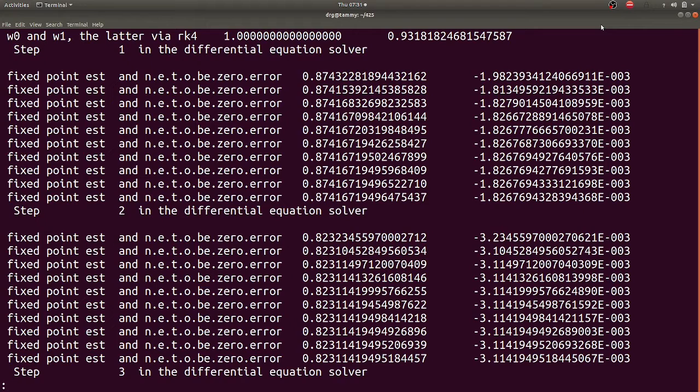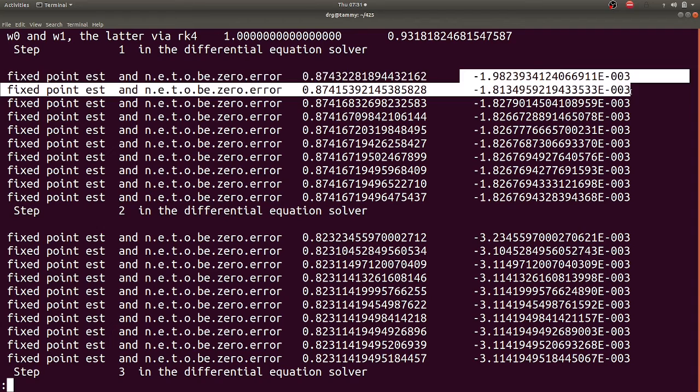You'll notice here that the difference between the current x and the corresponding wi plus 1 begins life as about negative 1.98 times 10 to the minus 3 power. After one step of the fixed point method, that's reduced to 1.813 times 10 to the minus 3 power.